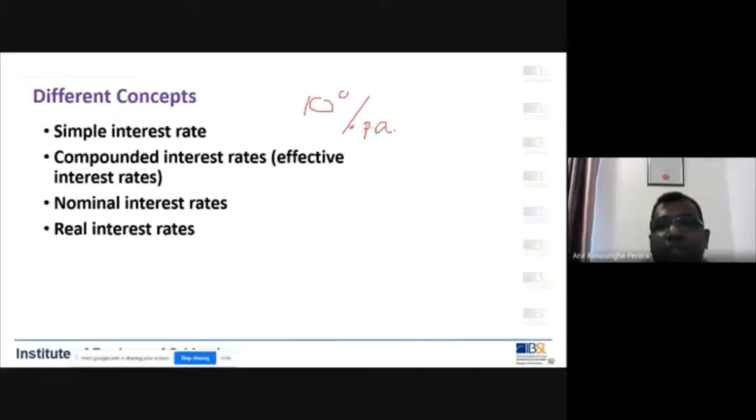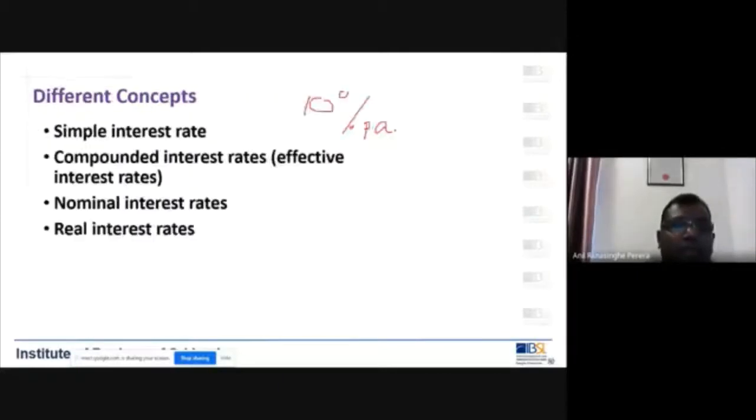It is expressed as a percent for the annum, for the year. So 10% per annum means quoted nominal interest rate. Simple, very simple to calculate. If you want to calculate interest for a particular amount, you simply multiply the lump sum of that amount or the principal by the interest rate, then you can calculate the interest component.